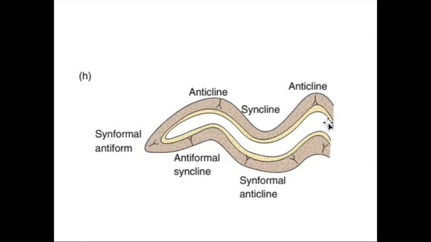So there's an axial surface that comes along relatively horizontally, like I'm tracing out, and then there's another axial surface for the second generation of folds that's pretty much vertical. Here's another one, and another one. And you can see they've named the anticline, syncline, at different parts of that, depending on whether the layers have been flipped over like they have down here, or if they're right side up.